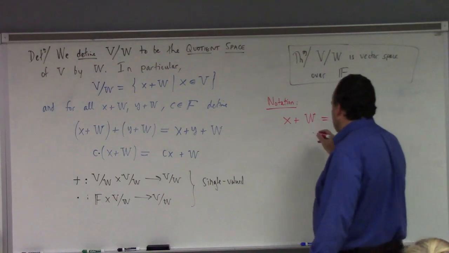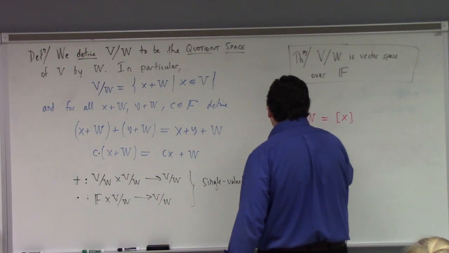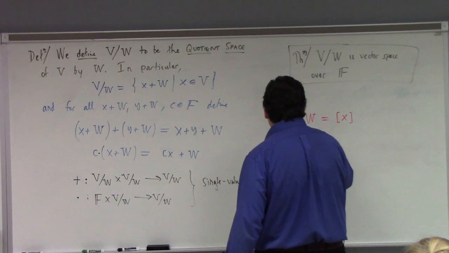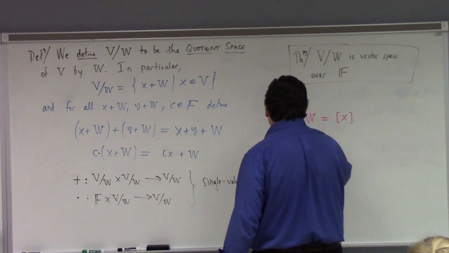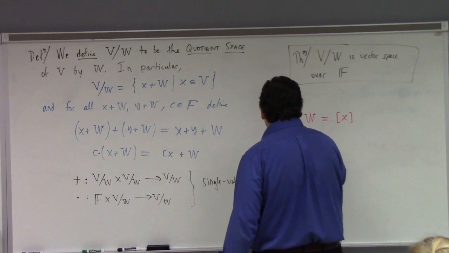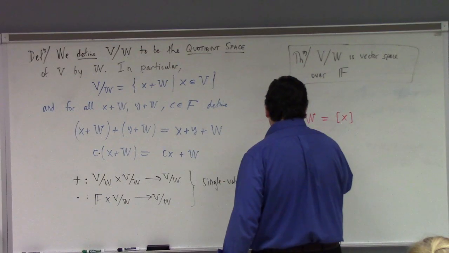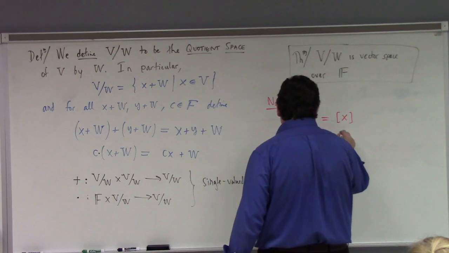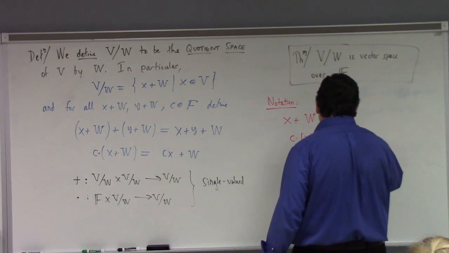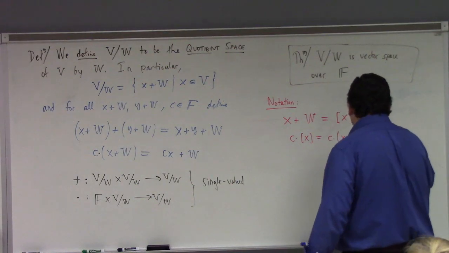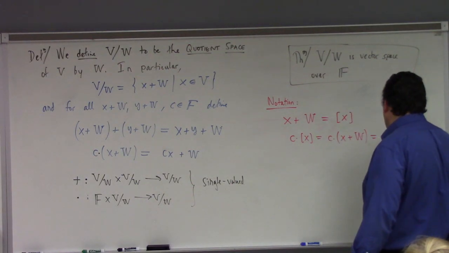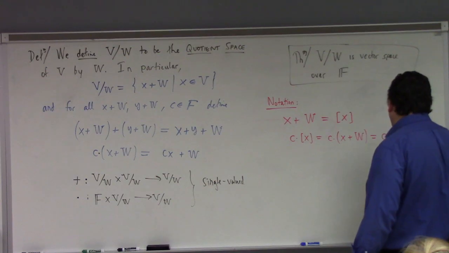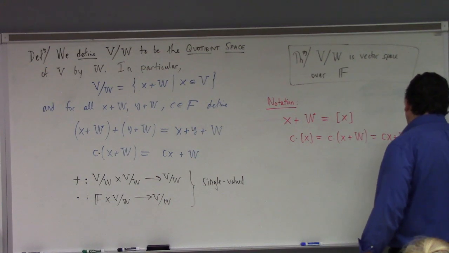And likewise, in this notation then, c times bracket x is really c times x plus w, which is, of course, by definition, cx plus w, which is bracket cx.